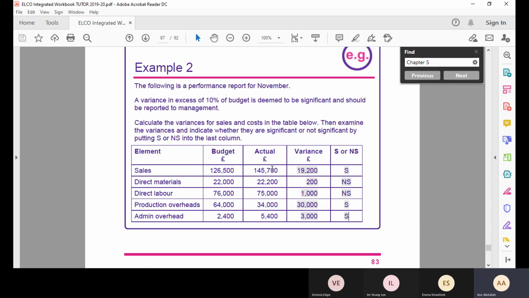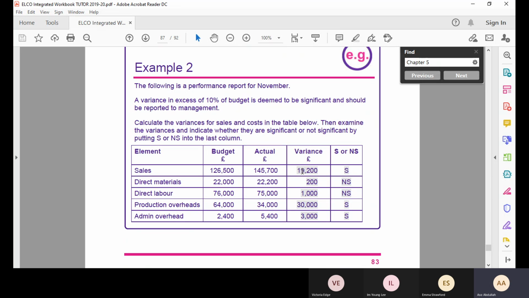So obviously we have sales. For the sales figure, we budgeted 126,000, but the actual is 145,000, and the difference is quite big.